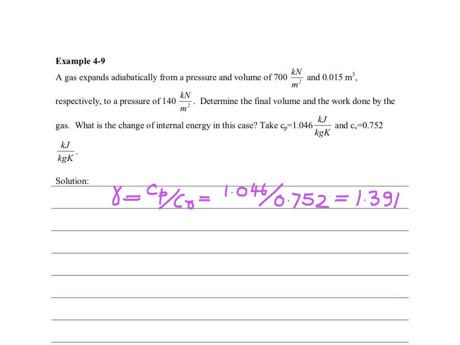After that, we need to calculate R, the gas constant, which is equal to Cp minus Cv.